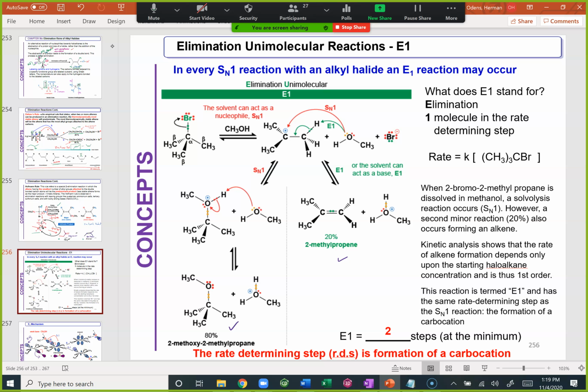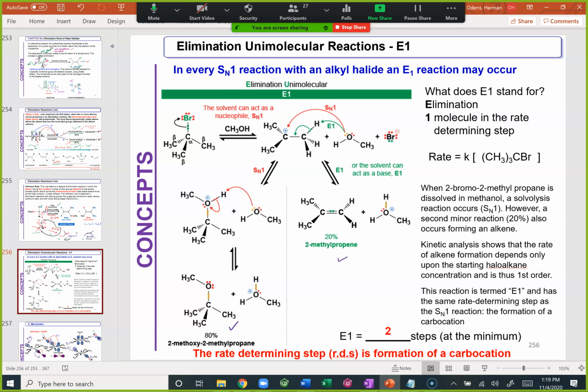Now, let's compare the E1 versus the SN1. And I said last time that the SN1 will always beat the E1, except for two cases. The two cases are when you're dealing with alcohols and you have a strong dehydrating acid like sulfuric or phosphoric acid, the E1 will win. I have a couple examples here for you guys.